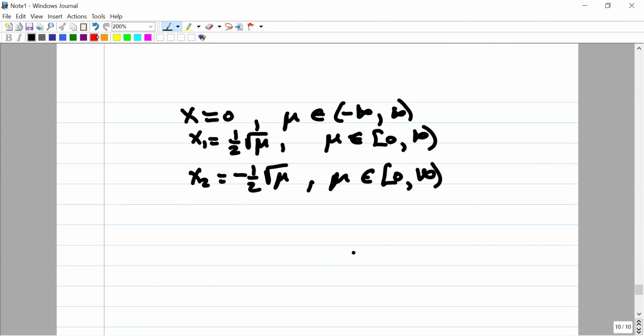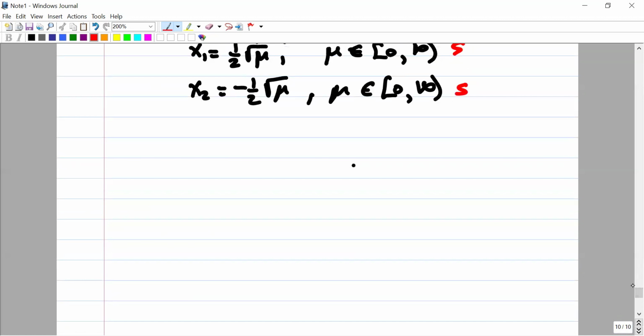And then we know that these two are always stable, but this one will be stable and unstable when we pass mu equal to 0.